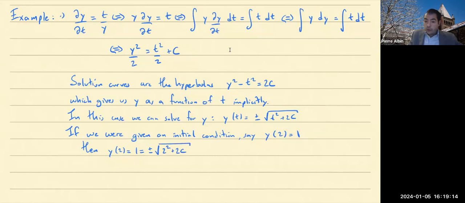All right, so this tells us to take the positive square root, and that our arbitrary constant, so it's 2c, should be equal to minus 3.